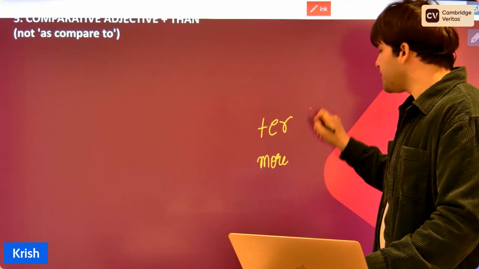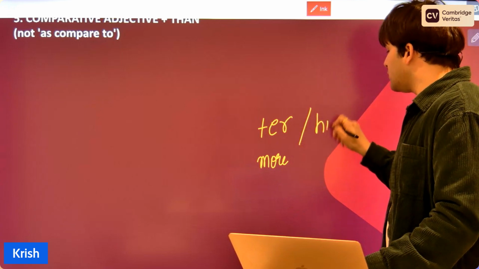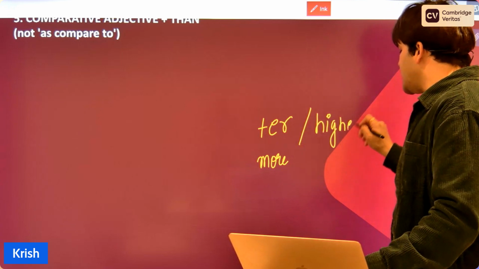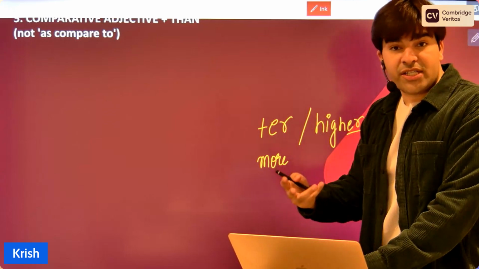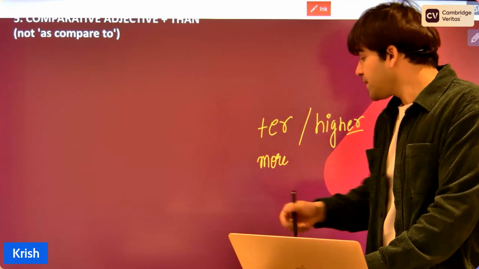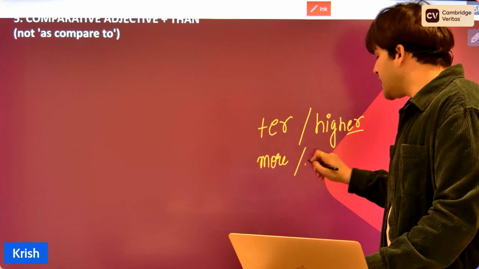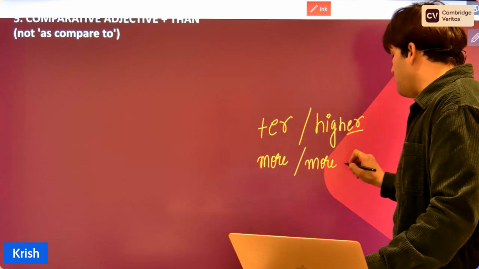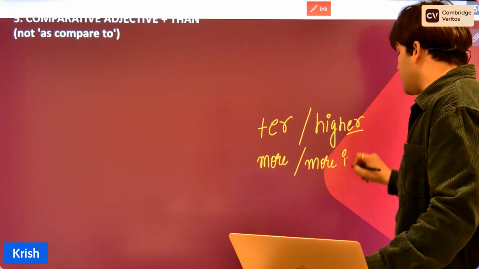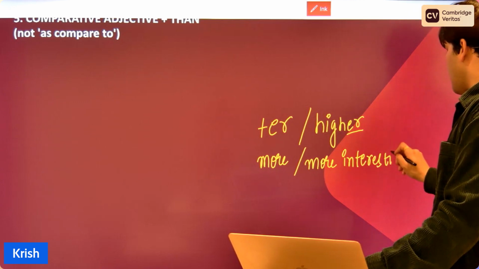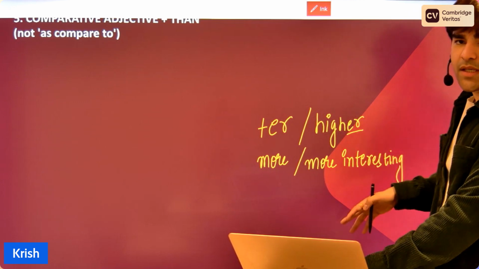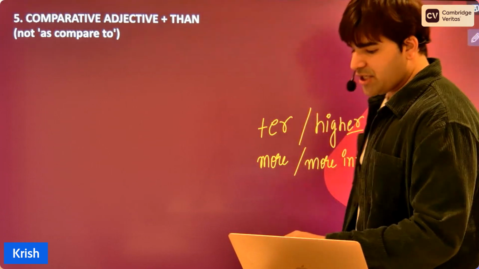For example, higher is ending in er. It is called a comparative adjective, or we also call them comparatives. More could be, let's say, more interesting. So both of these words are called comparative adjectives.